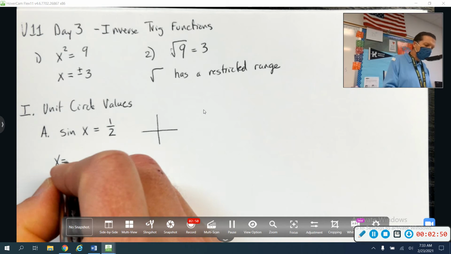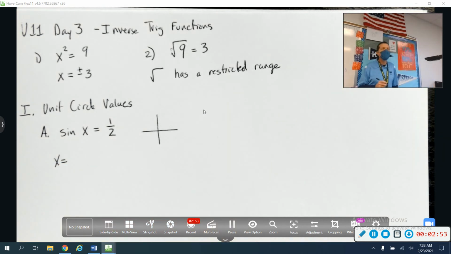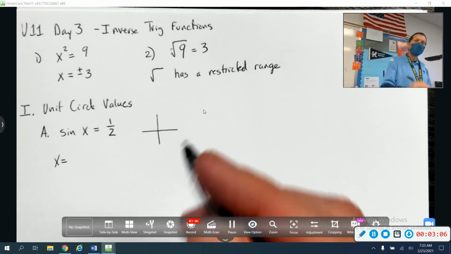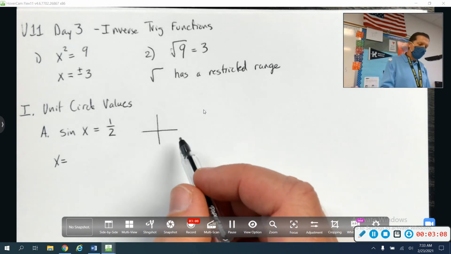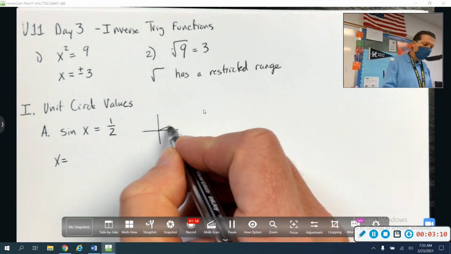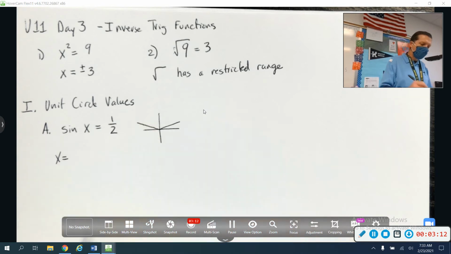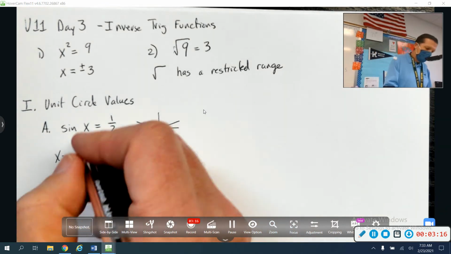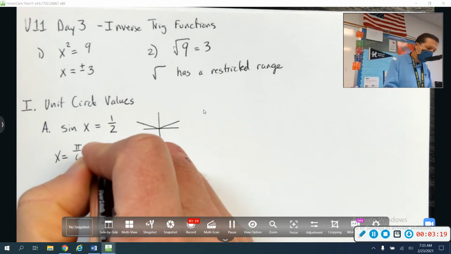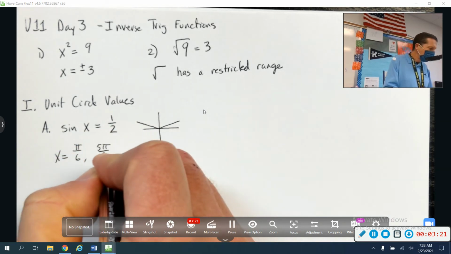What angles have a sine of 1/2? Well, see, it's positive, so I know it would be in the first quadrant and the second quadrant. 1/2 is the over 6 stuff. So pi over 6 and 5 pi over 6.